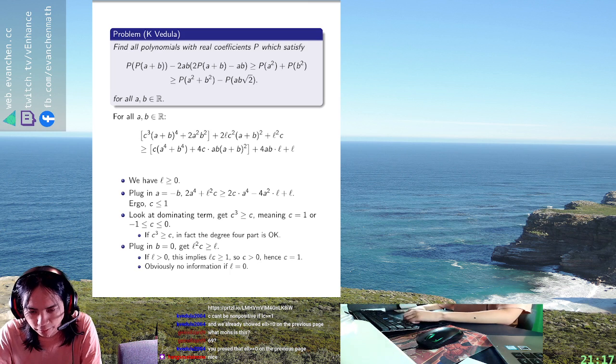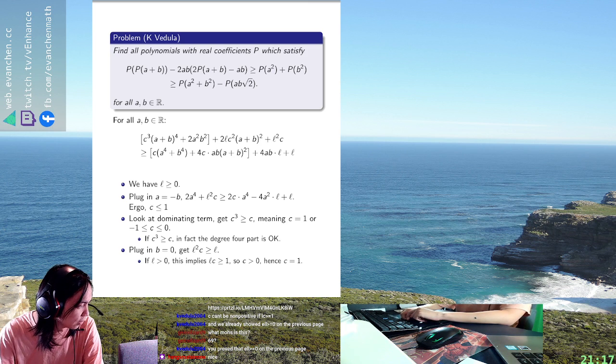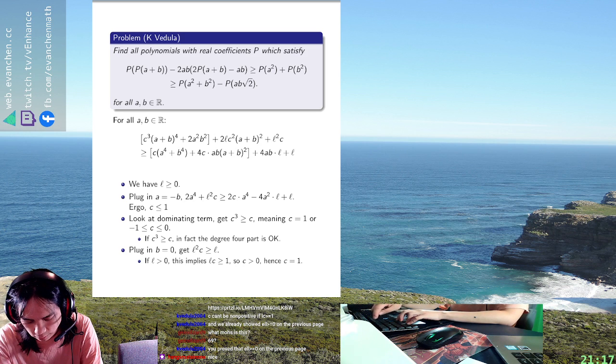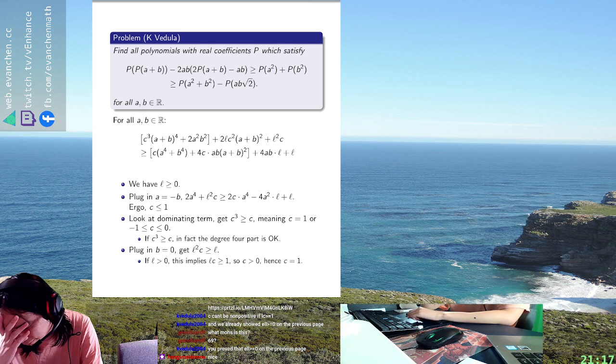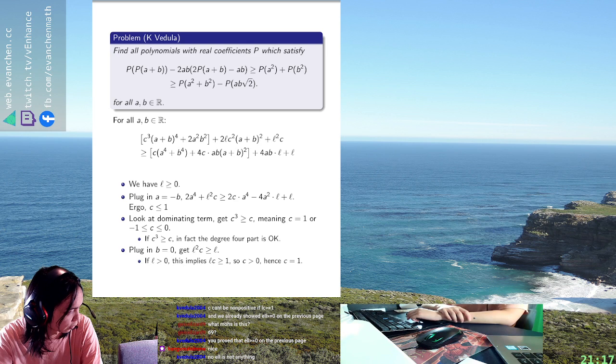Alright, that's it then, right? Either L equals 0 and C can be either 1 or -1 to 0. Or C equals 1. And then, if C equals 1, L can be anything at least 1. The end? L is not anything. Wait, what?